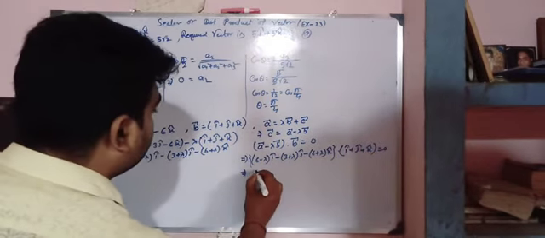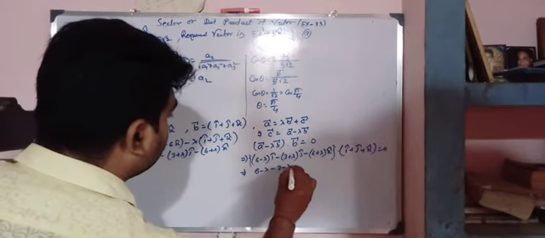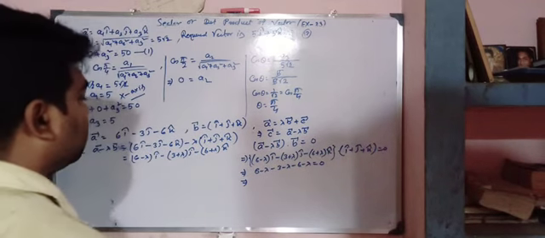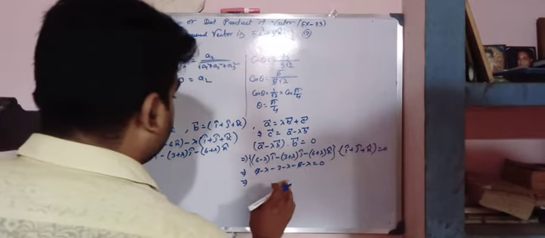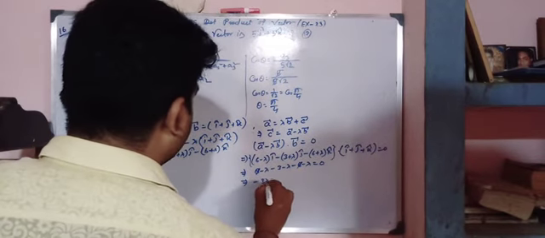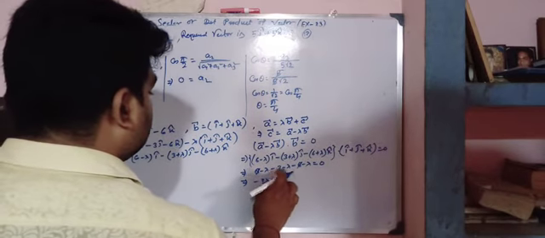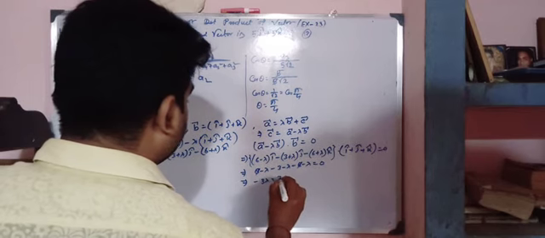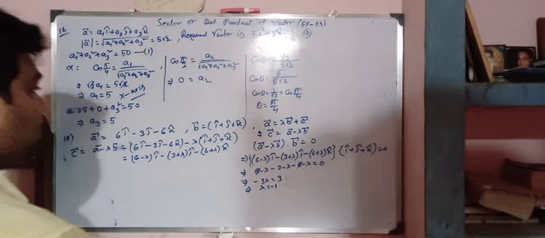That's implying 6 minus lambda minus 3 minus lambda minus 6 minus lambda is equal to 0. So the 6 cancels. Now minus 3 lambda is equal to 3. So lambda is equal to minus 1.